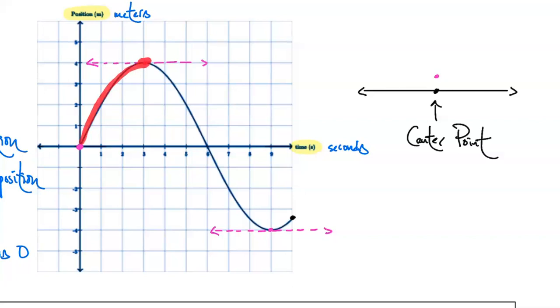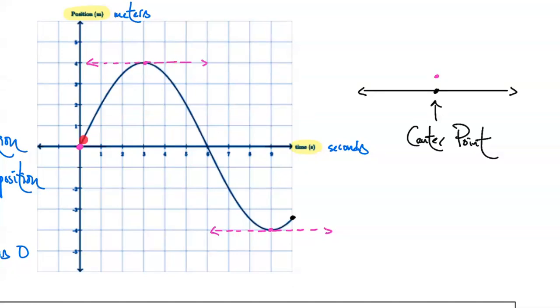What happens at this moment in time at 3 seconds? Is the particle moving? Is it not moving? What's happening? Okay, yeah, it's at rest. Now, how do we know that? Because we get to the top of this bump and that slope or velocity is 0, okay?